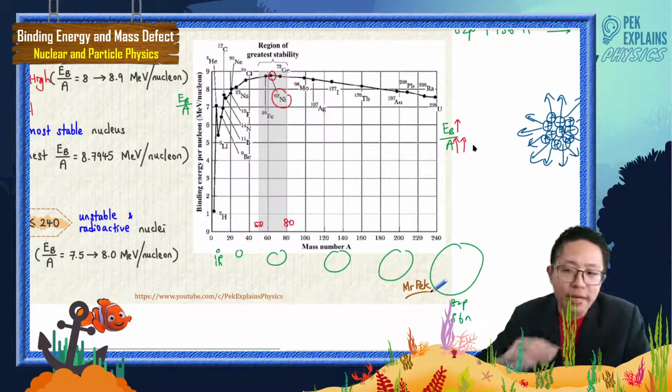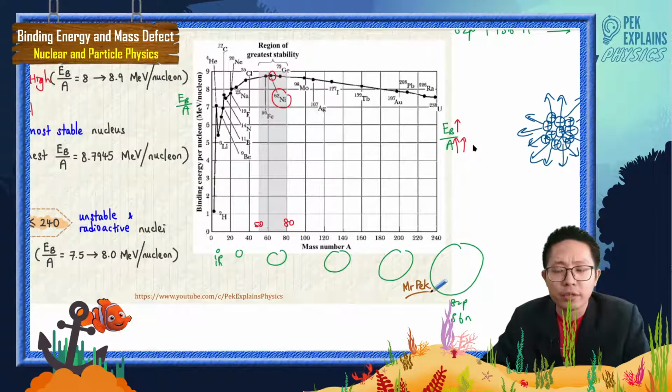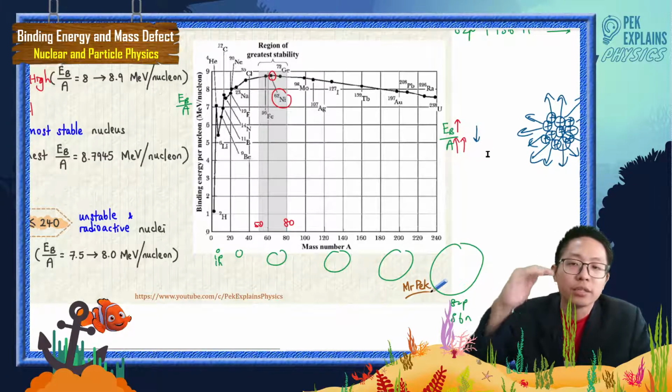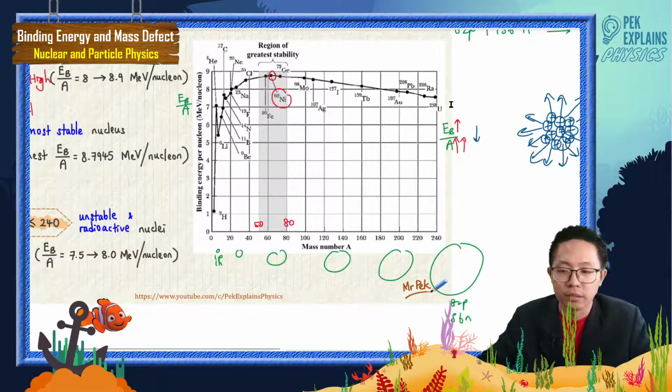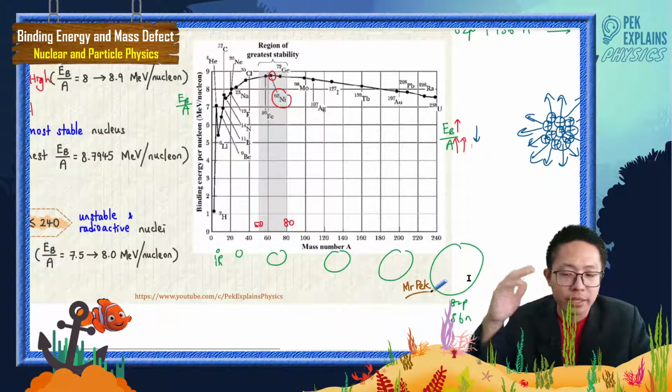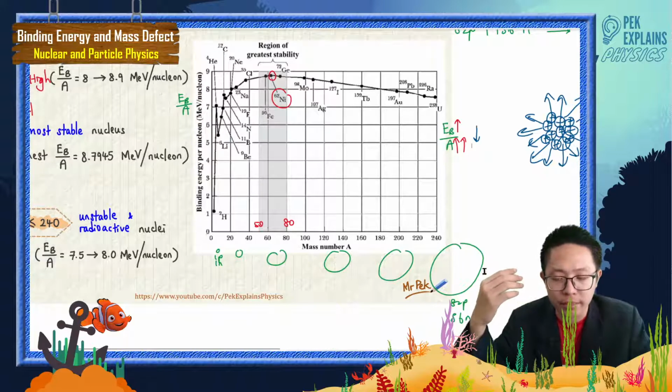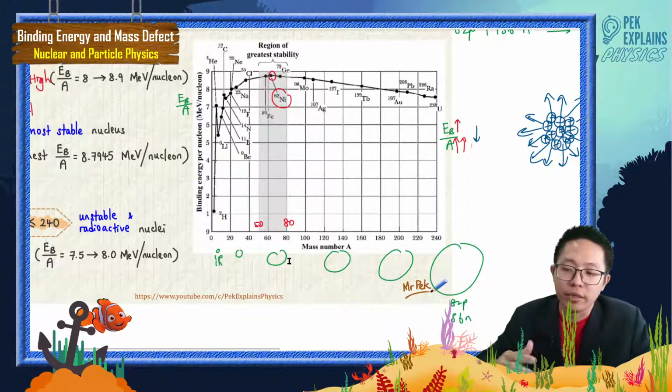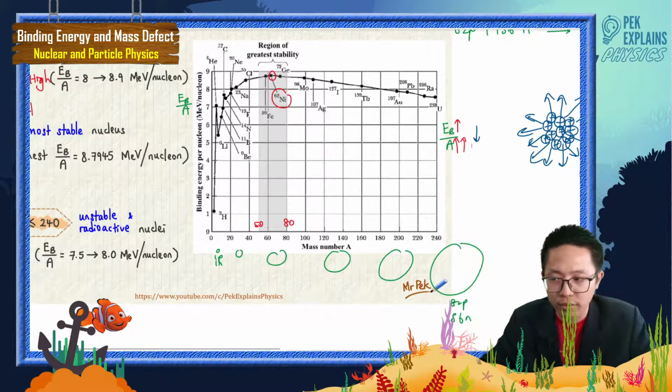So overall, as you go to the right, the binding energy per nucleon decreases steadily, decreases slowly. Although the binding energy becomes bigger and bigger, you must not neglect that as the nucleus becomes bigger and bigger, there will be more protons in the nucleus.